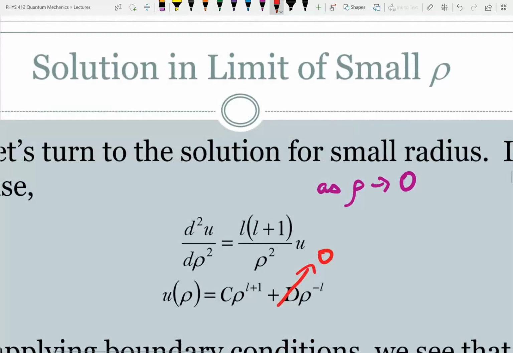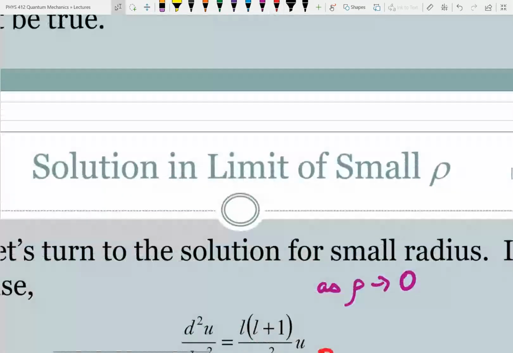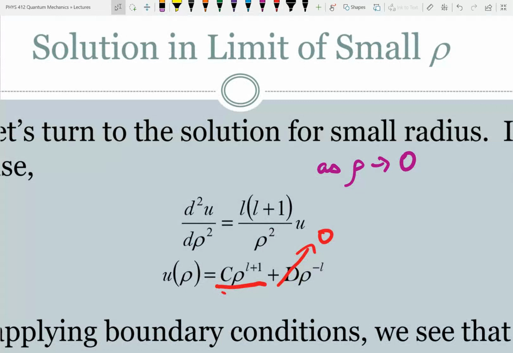So that means our solution for small radius is this here. Our solution for large radius was this here. And so for our overall solution, let's use an infinite polynomial to finish it out.